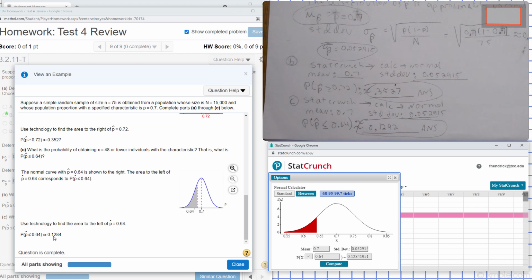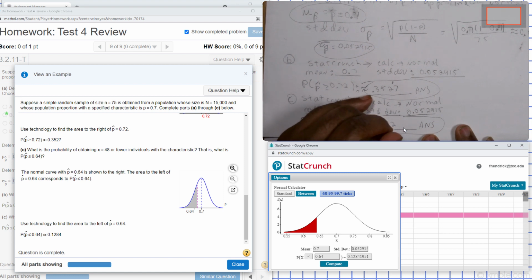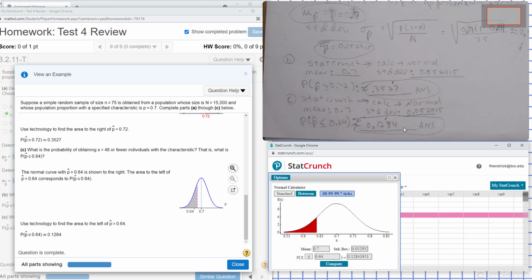And I get 0.1284, which is what they have there. Okay. And that's the end of that problem there.